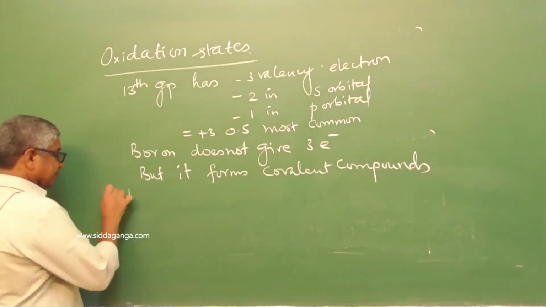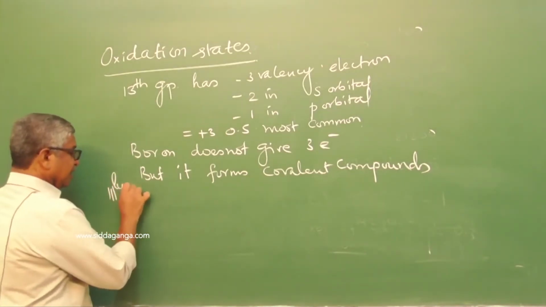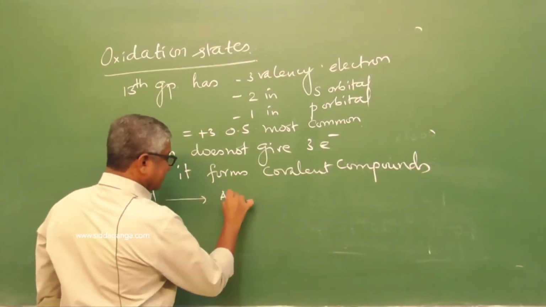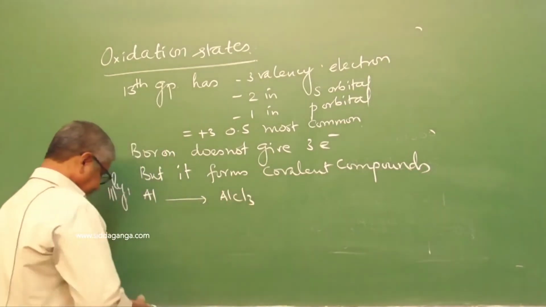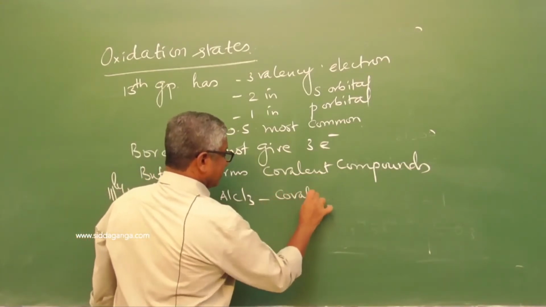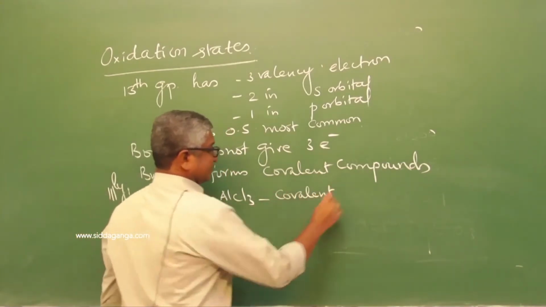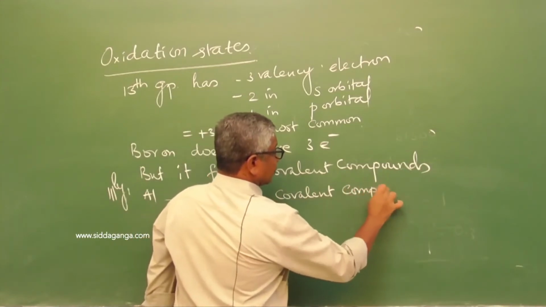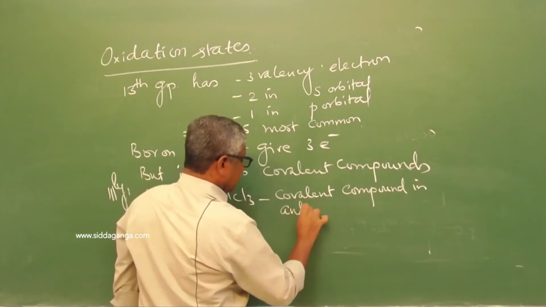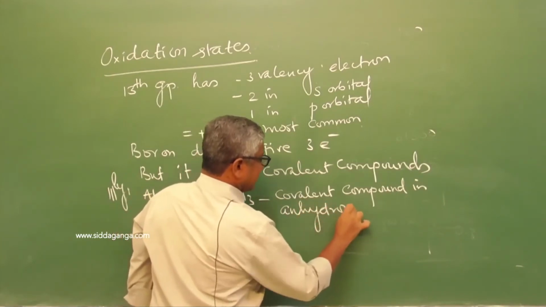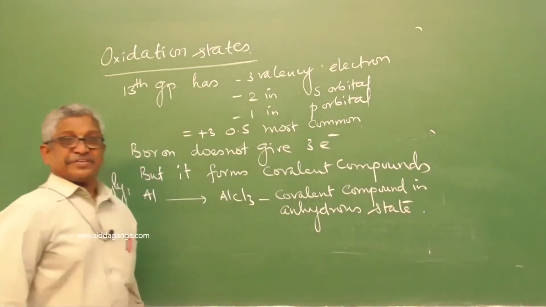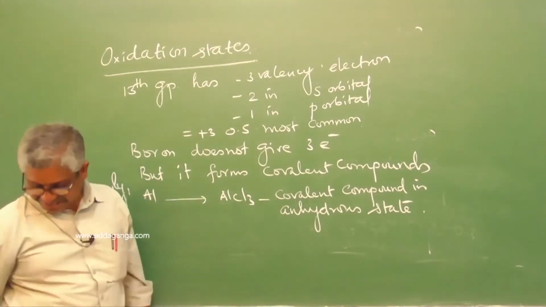Similarly, aluminium chloride is also a covalent compound in the anhydrous state.